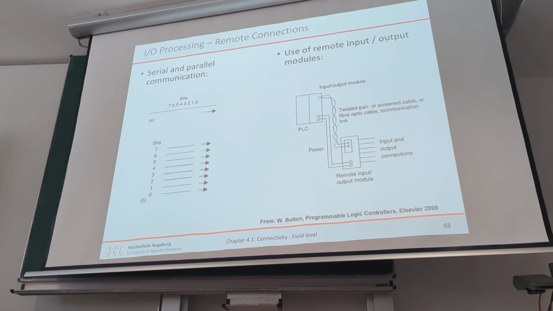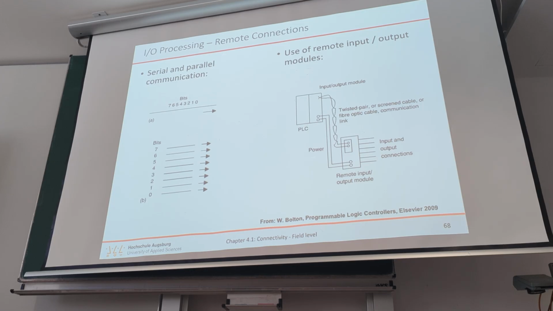And then the next thing is that we want to communicate information between components, and usually that's remote components. We have the PLC, and instead of having the I/O directly connected to it, we want to have it connected somewhere in the field.